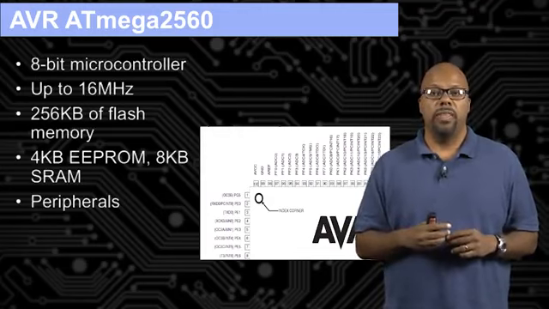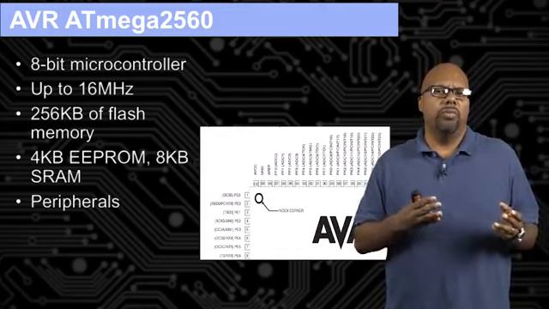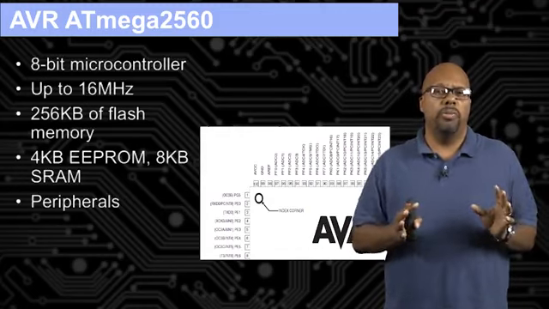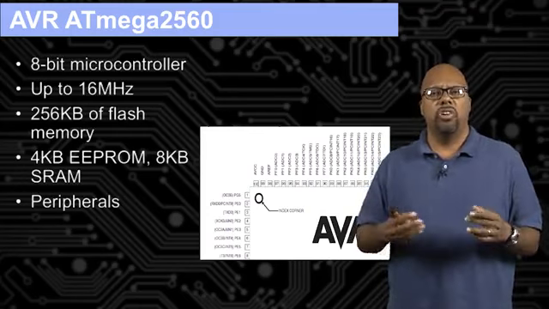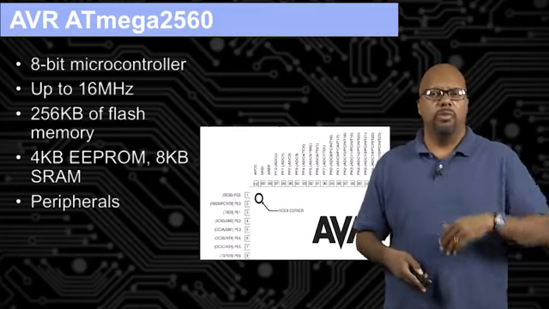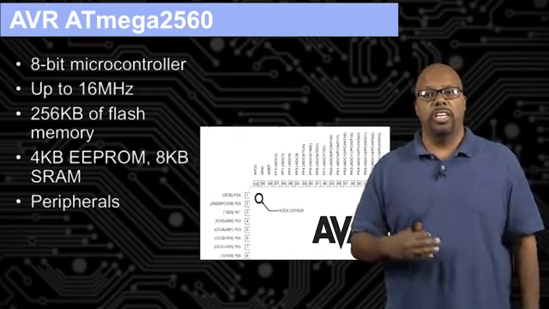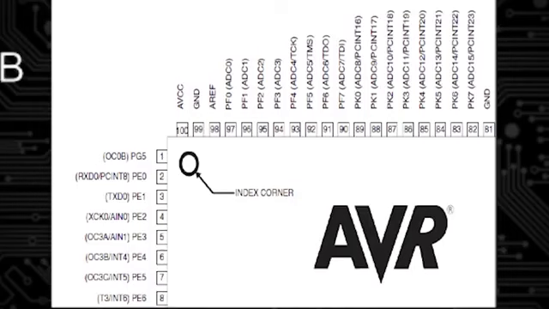We'll talk about that. And then peripherals is sort of a general term for all the other components inside the microcontroller on the chip, like the timers, A to D converters, and all those other things. So it's got a number of peripherals that I didn't list. I didn't put the whole data sheet up there. But that picture right there shows you what the pins look like, so actually where they are configured on the chip.